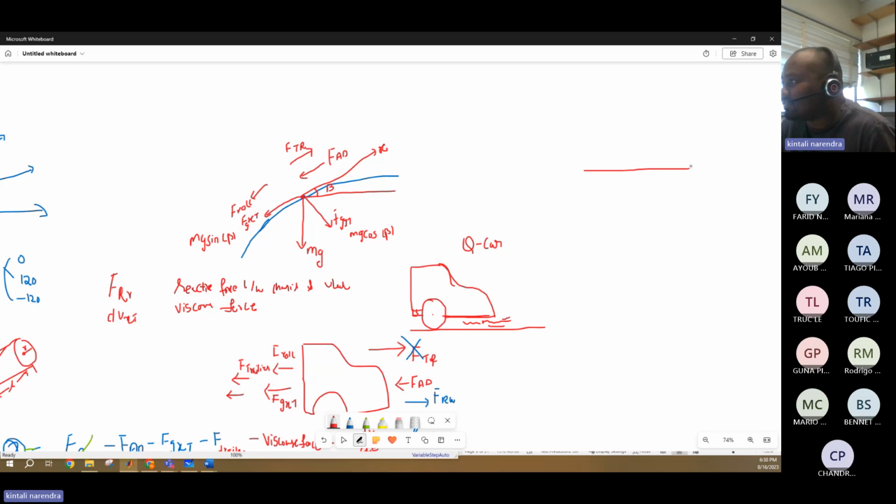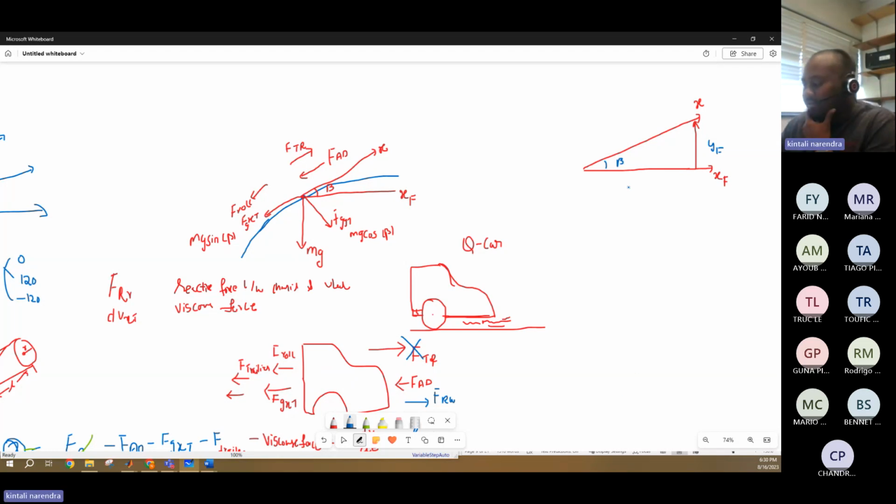This is xf, and this is the actual x, the direction in which the vehicle is moving. And this is yf. Now that angle is beta.